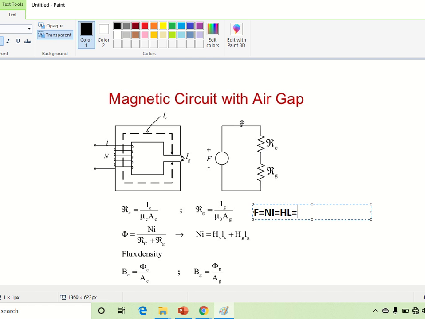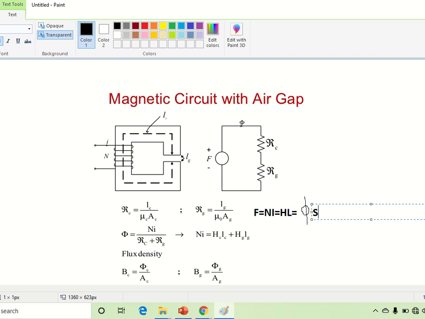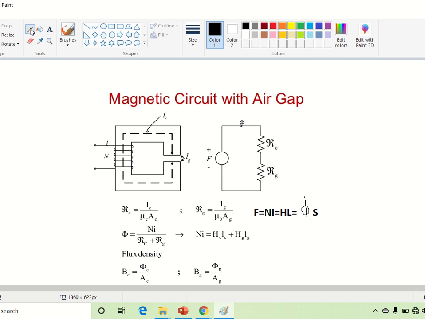The third one is flux phi into S, where S is the reluctance. This is the important equation you have to remember for doing problems in series magnetic circuits: F equals NI equals HL equals phi S. Okay, and flux density can be found by dividing flux by the corresponding area.